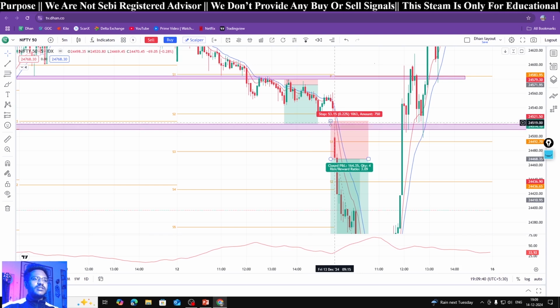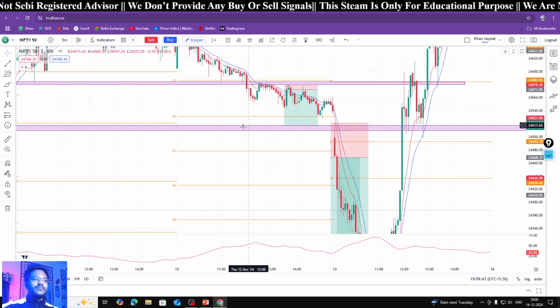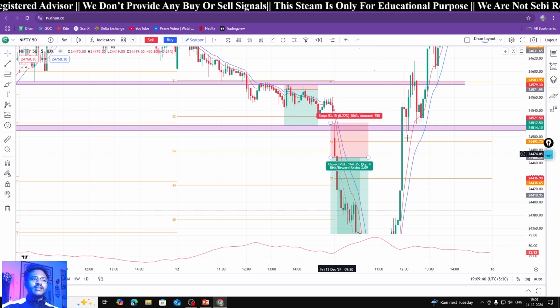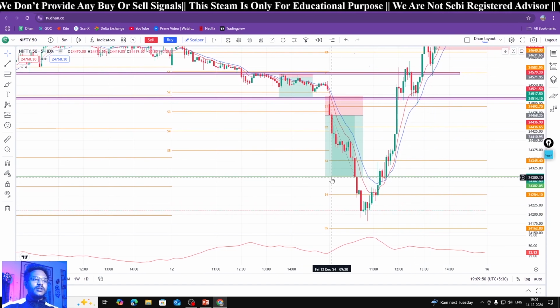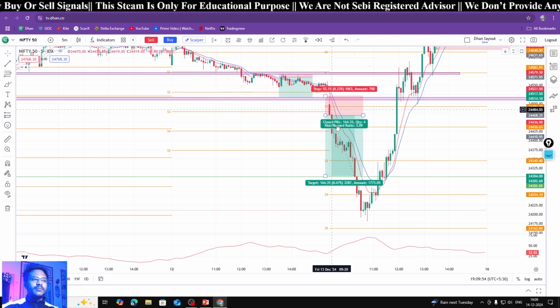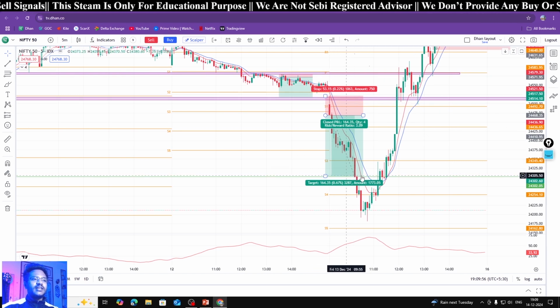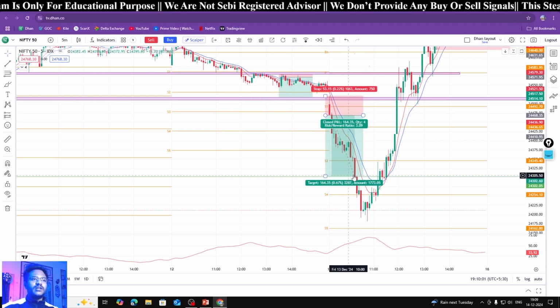So here you could see it was a trend reversal. I would have told you once this major support was broken, I could expect the market to move till the next support. And you could see once this major support was broken, the market reached the next support. So that's how I entered out here and booked my profit till here.